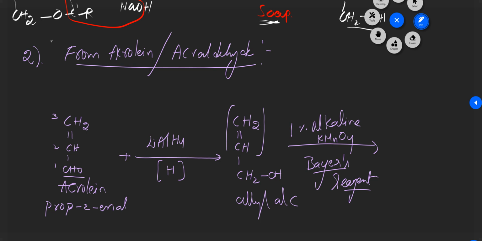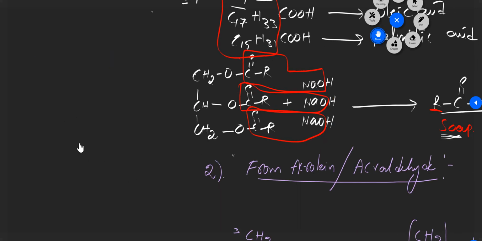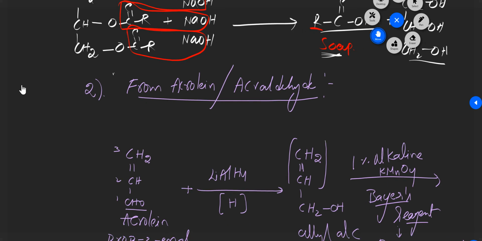Baeyer's reagent we can also use to find unsaturation in the molecule. It can be used to detect whether unsaturation is present or not in the molecule.